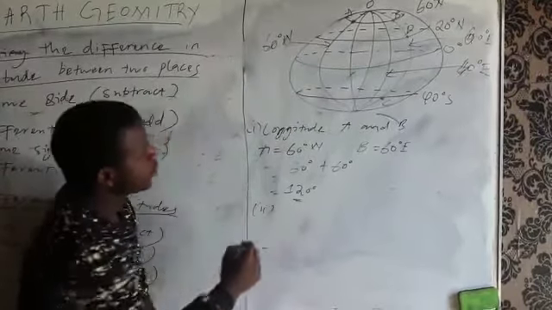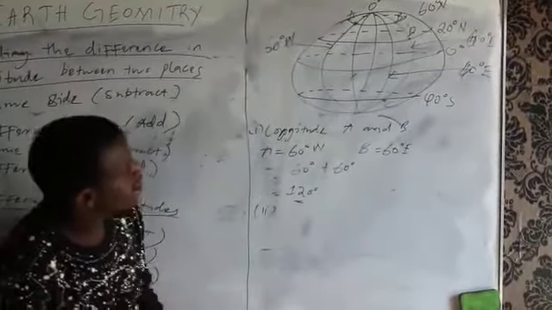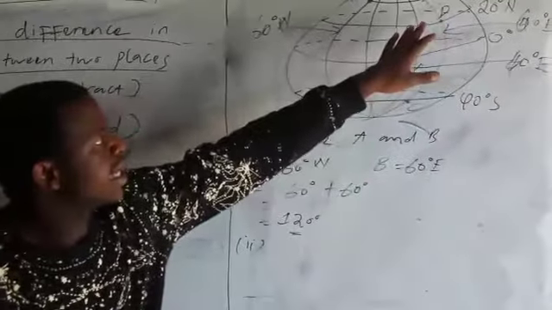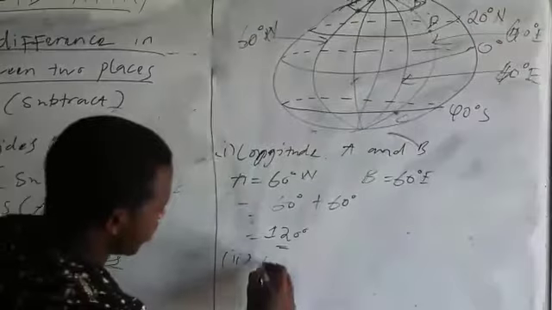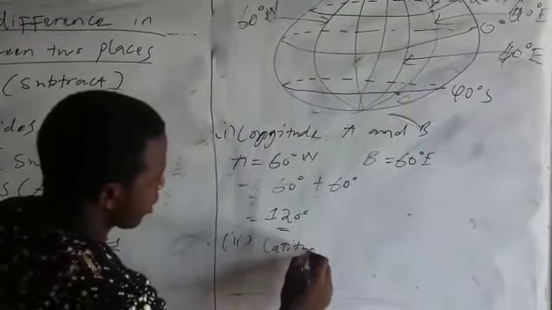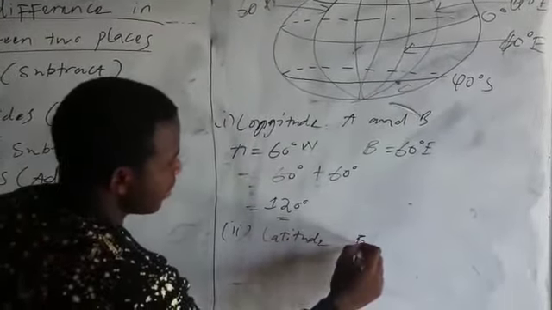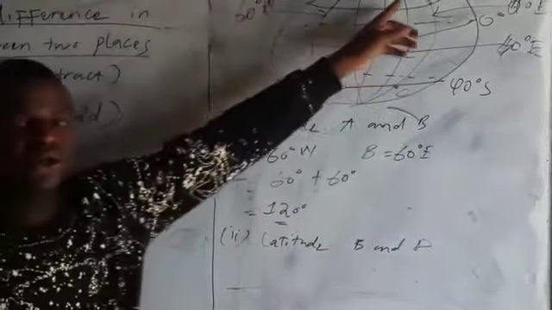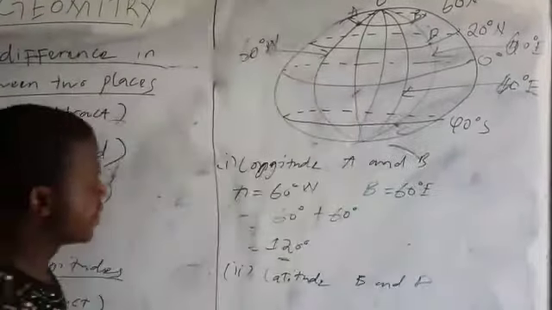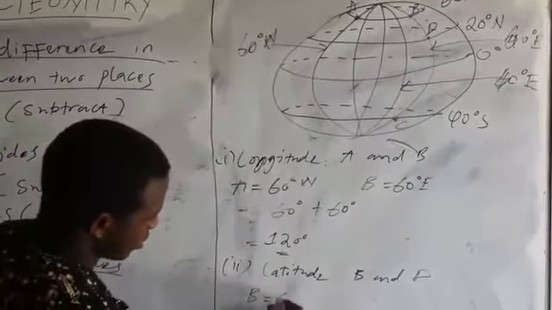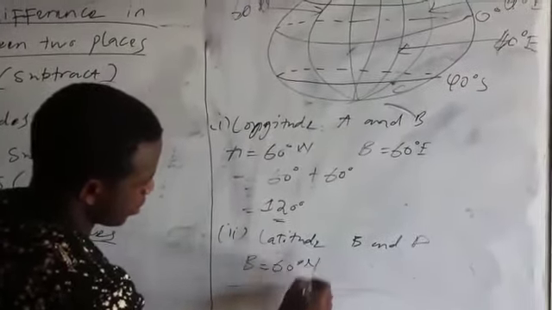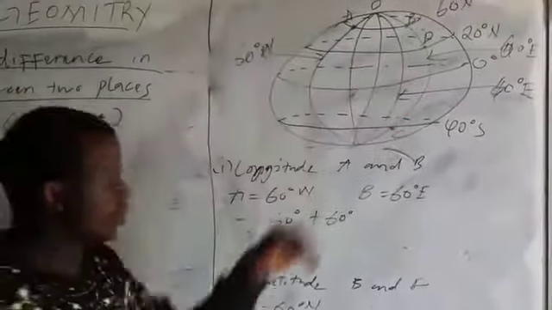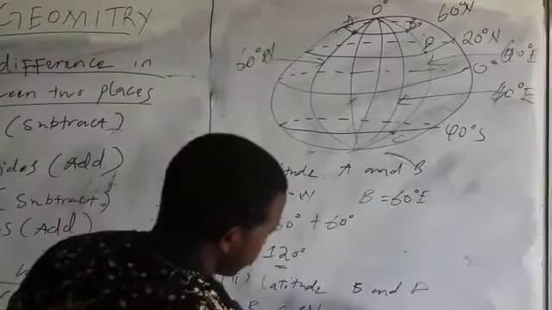Then Roman numeral 2, finding the difference in latitude between B and D. B is on latitude 60 degrees north, and D is on latitude 20 degrees north.